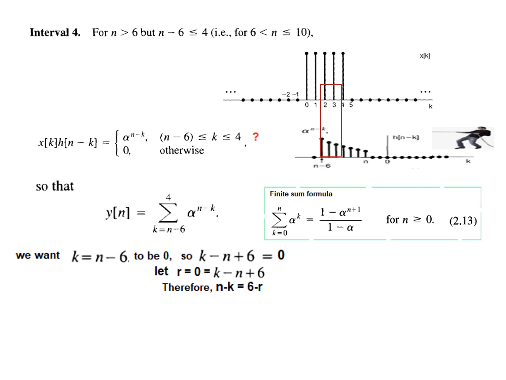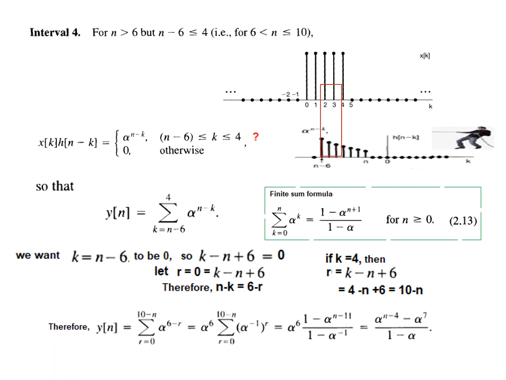The third question is what will be the change in 4? k is equal to 4. So let's plug in that value. For k equal to 4, we plug into the equation for r. Plugging in k equal to 4, we get r equal to 10 minus n. So 4 will change to 10 minus n.